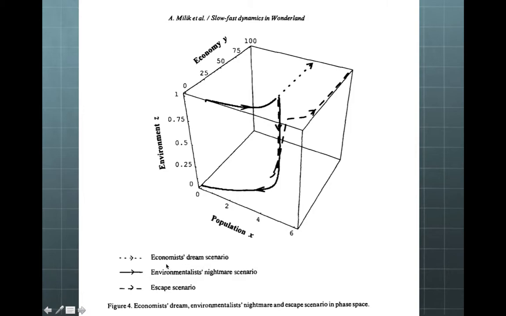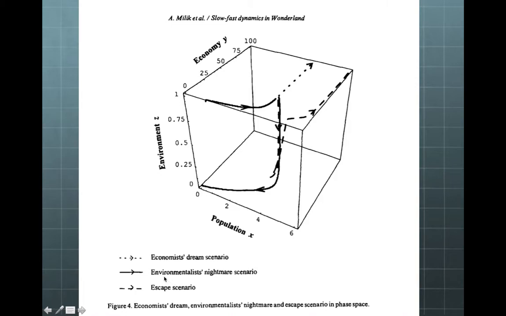If you look at the first one, the economist's dream scenario, it's the dotted line scenario. It's a little bit confusing to see, but it's a scenario that ends up with a lot of production, and of course a lot of production with a stable population and a stable natural capital.